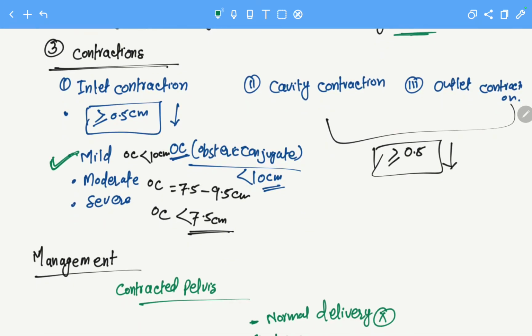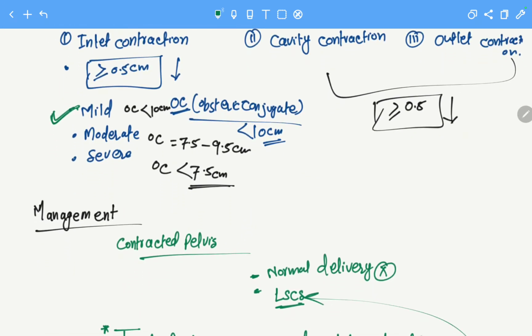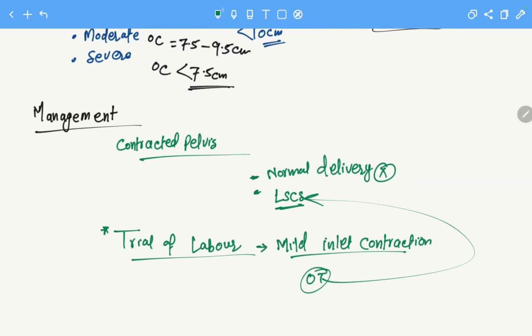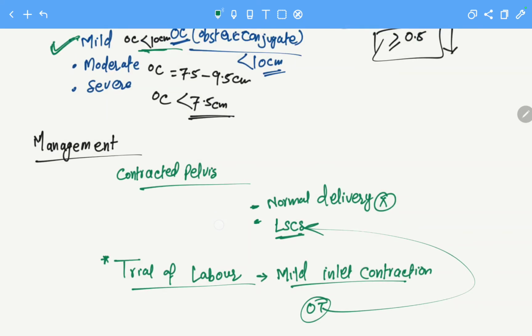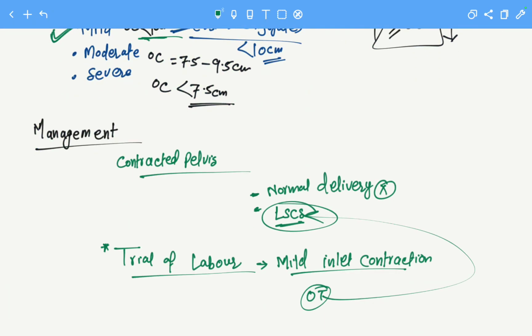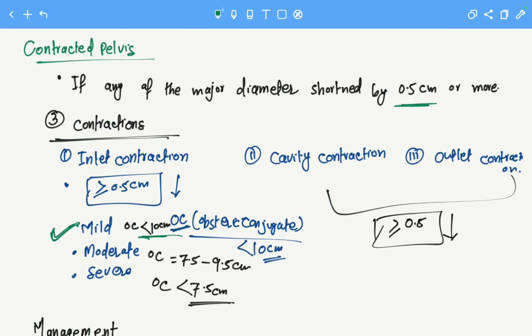In case of inlet we have mild, moderate and severe. To remember this, we have obstructive conjugate that is less than 10 centimeter, right? In case of mild contraction we can go for the trial of labor, but if it fails we can go for LSCS, and the overall management of contracted pelvis is lower section cesarean section. Okay, LSCS. So this is all about this topic. Thank you very much for watching. Have a great time. Bye bye.